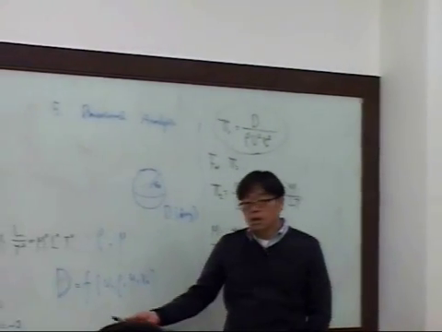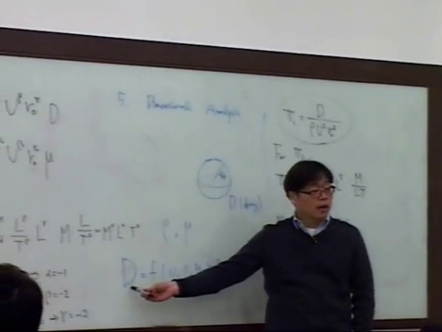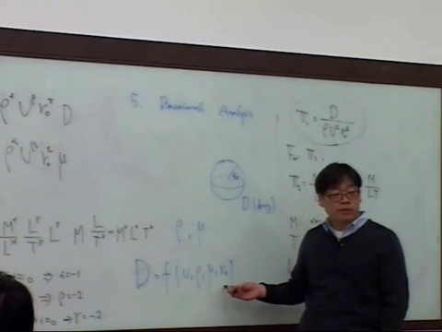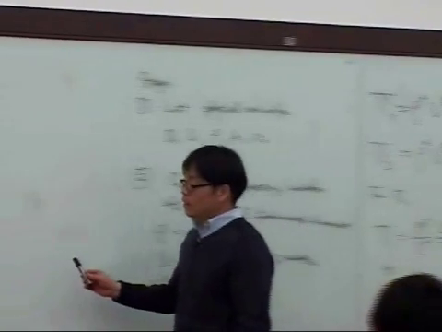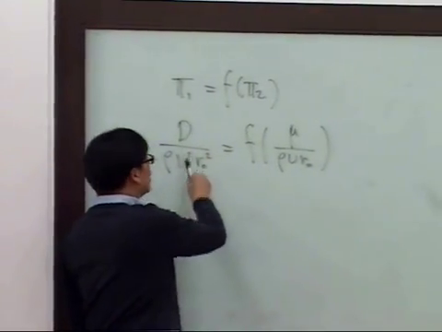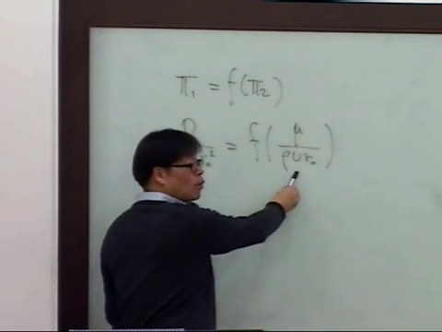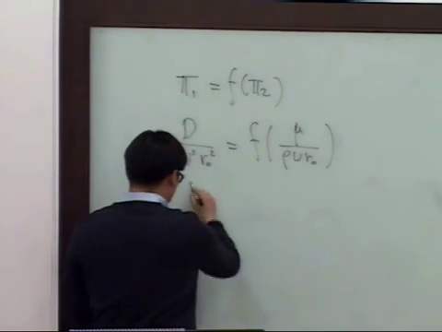So now, here, drag depended on 4 physical variables. This time, this dimensionless quantity, which measures drag, is a function of 1 variable. Okay.